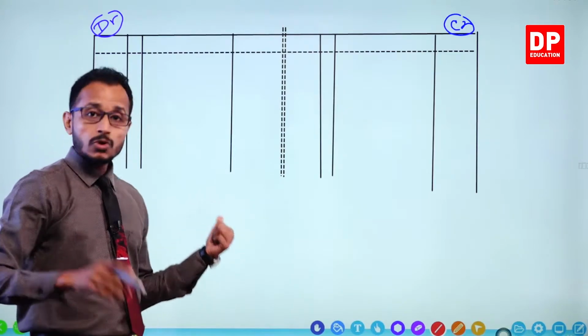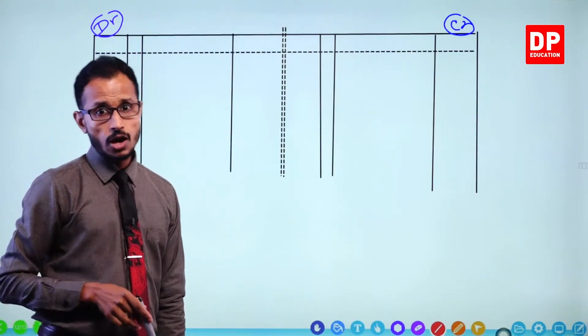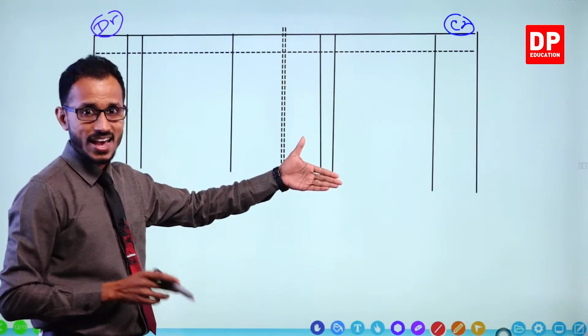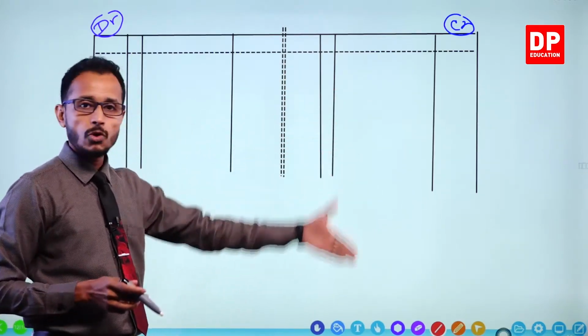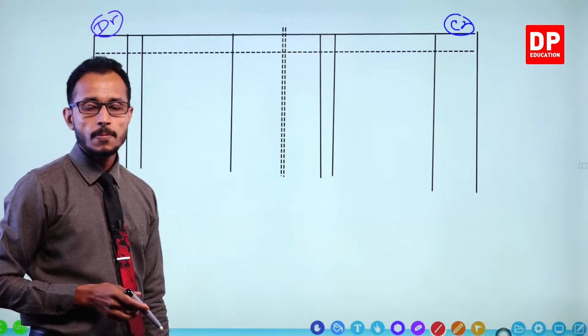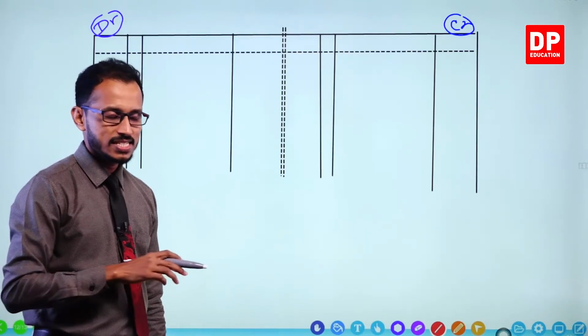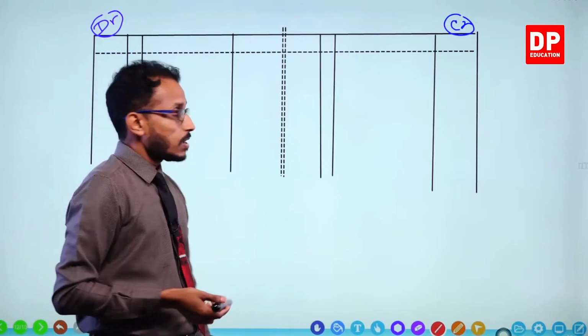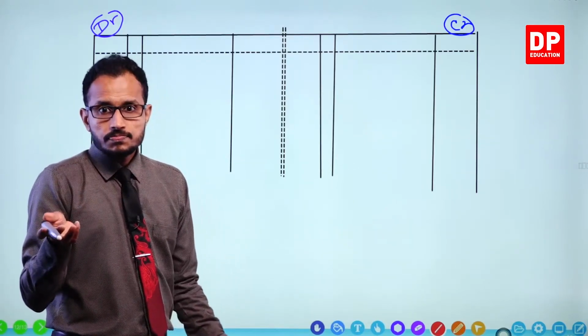Well, in the textbook format, there is a ledger folio column that is not in my format. I have not drawn the ledger folio column. It is not 100% necessary because we don't use that column. But if you draw it, it's better.